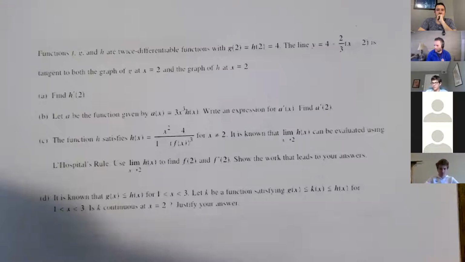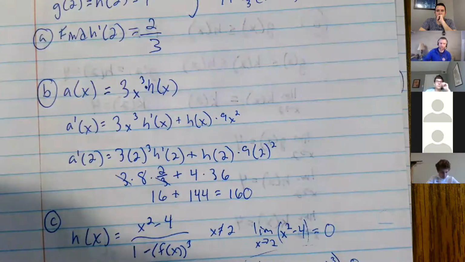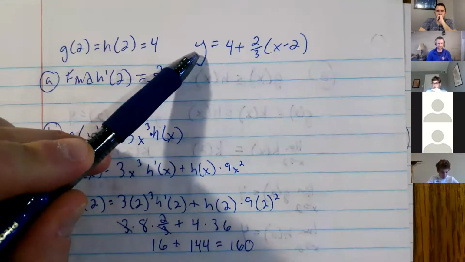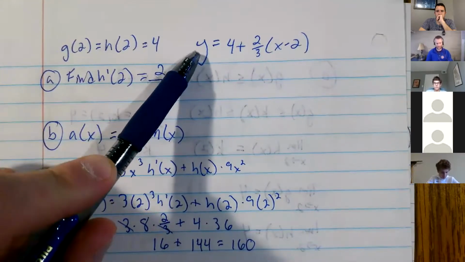So you're given that line, and then it says it is tangent to both the graph of g at x equals 2 and the graph of h at x equals 2. And so part A says find h prime of 2. Remember, you are just given the equation of the line tangent to the graph of g and of h at x equals 2.